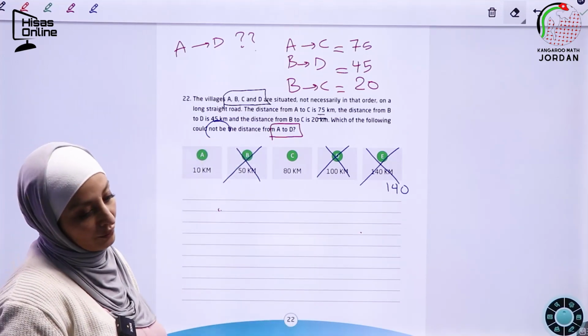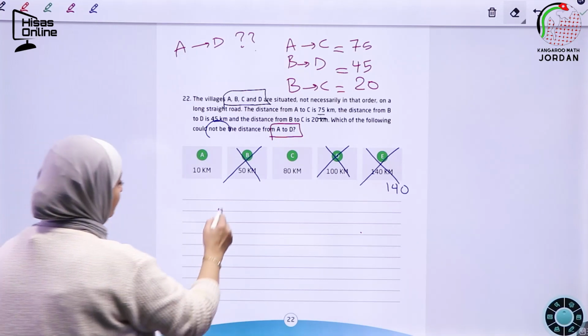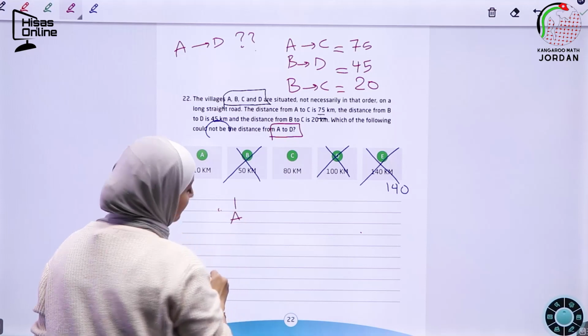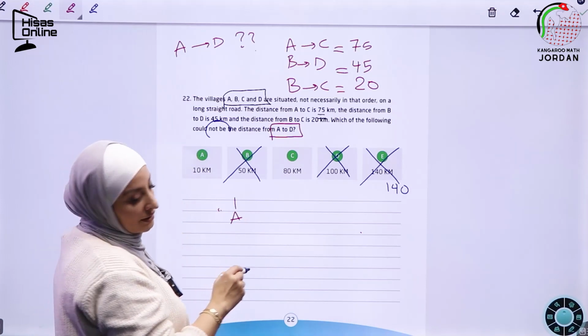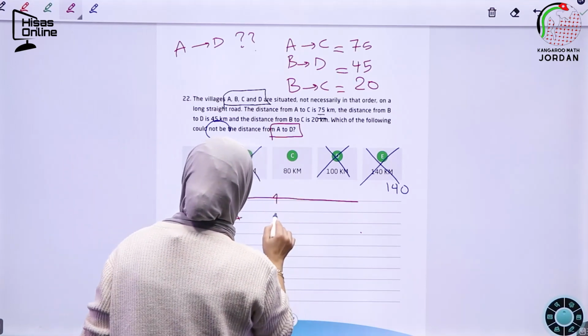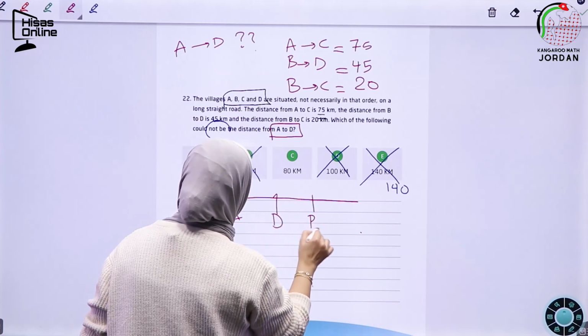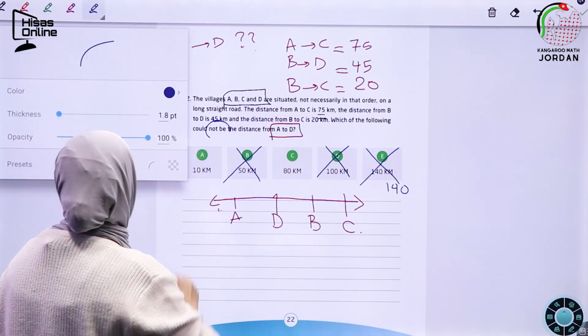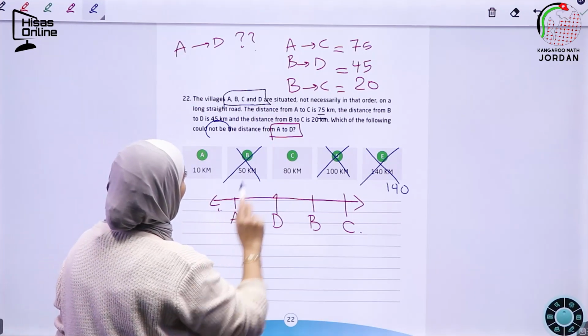Let's see also A, D, B, C. Let's fill everything we know.